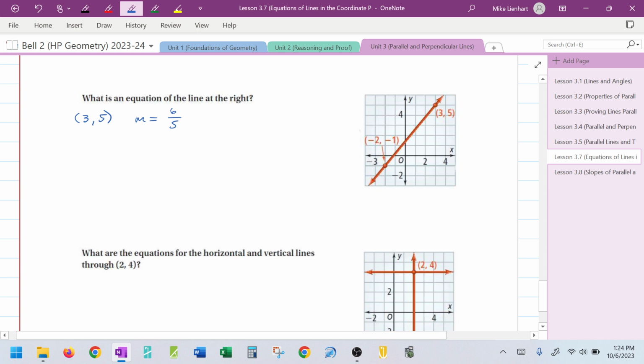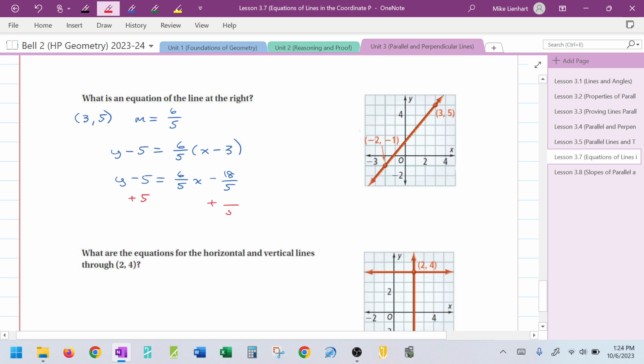All right, I'm going to use this bit of information. I have y minus 5 equals 6/5 times x minus 3. From here, 2 steps, distribute: 6/5 x minus 18/5. And then I'm going to add 5. But watch how I add my 5.